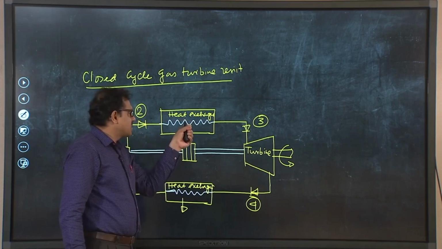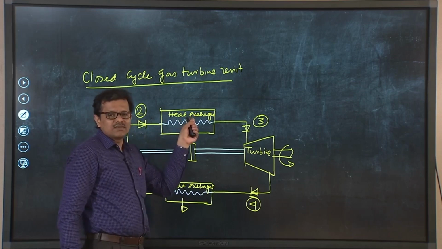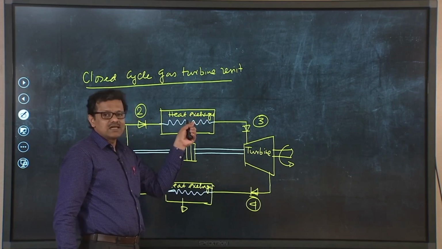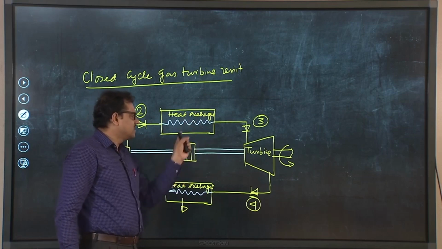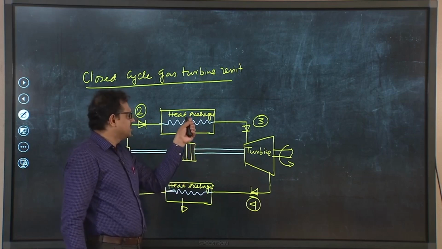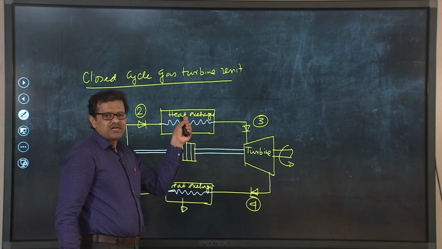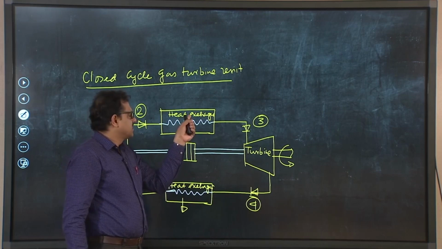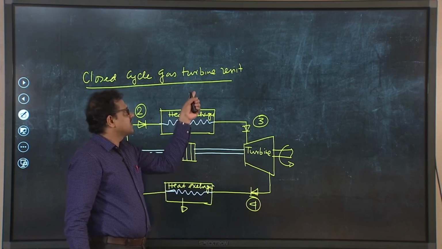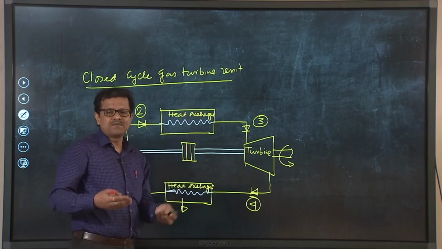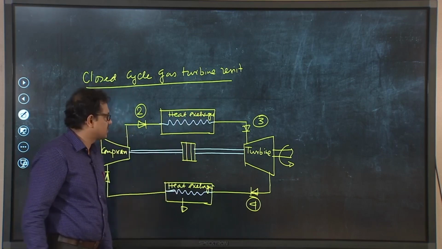Here it is not the combustion chamber, rather it is a heat exchanger. So, the working fluid in this circuit, now in this heat exchanger, few minutes back I said that the closed cycle gas turbine units are used in captive power plants or in a gas cooled nuclear reactor.